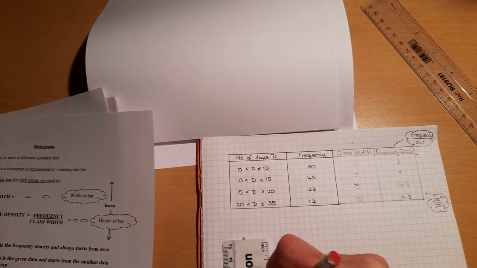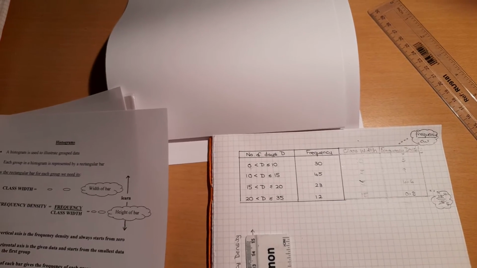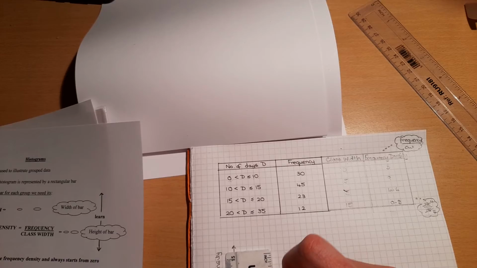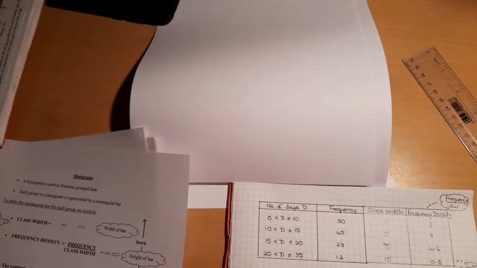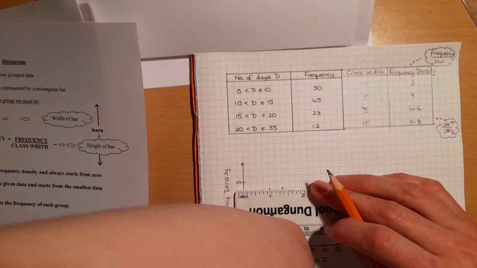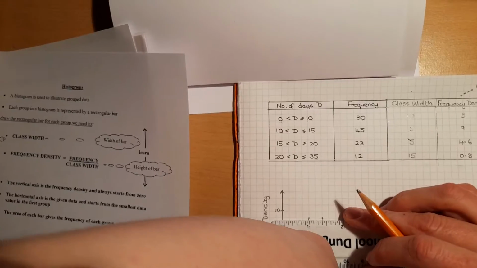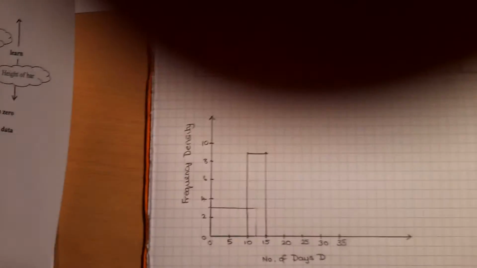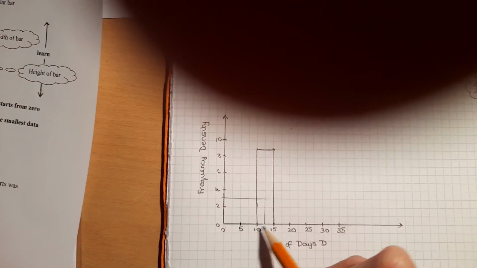So again, taking my ruler in one hand, I'm going to draw the bar that represents the second group. Okay, so there's our second group. So 5 wide, starts at 10, goes to 15, 5 wide, and then 9 high.